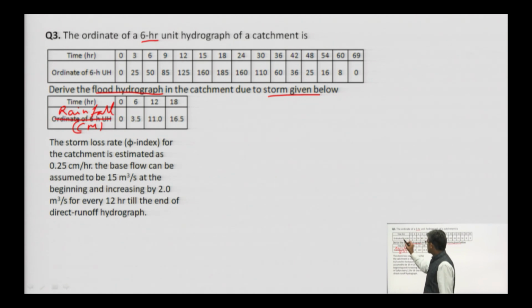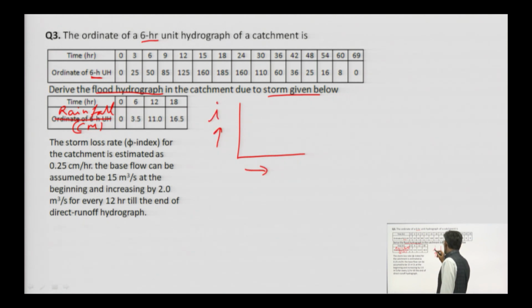We have the ordinates of the UH for 6 hours. First of all, we need to plot the effective rainfall hyetograph, the effective precipitation with respect to duration.